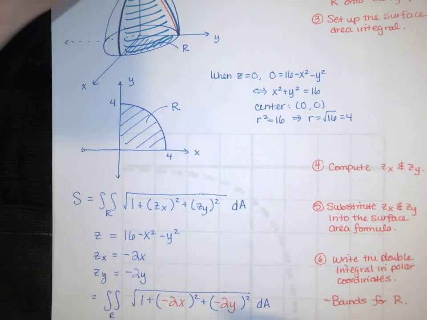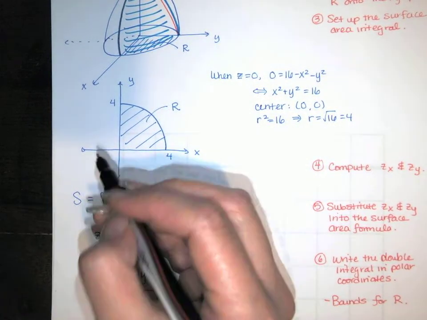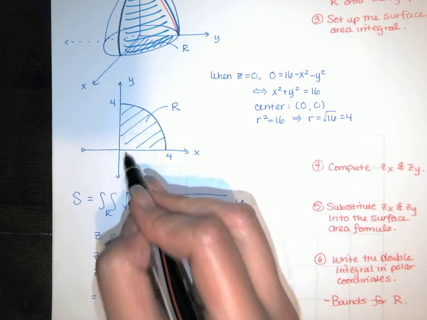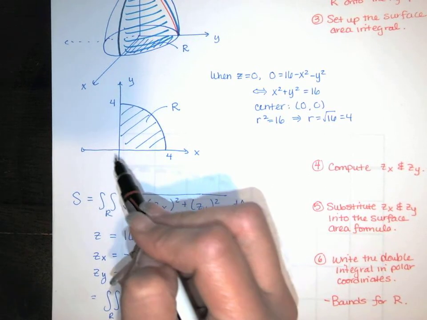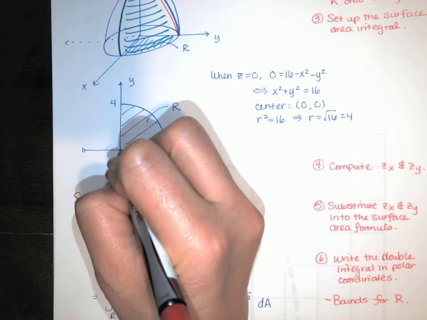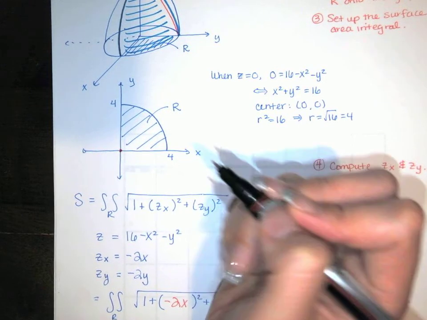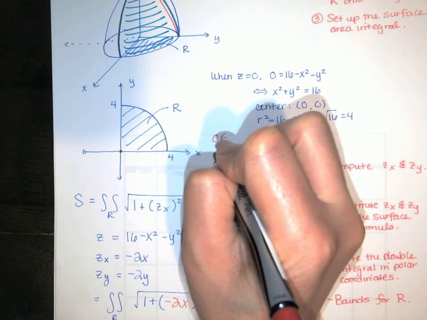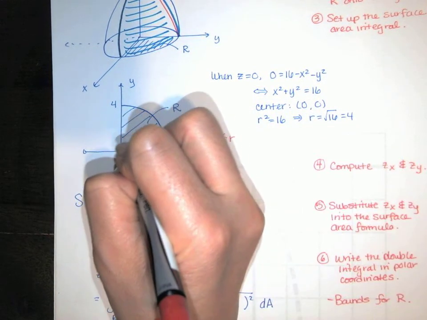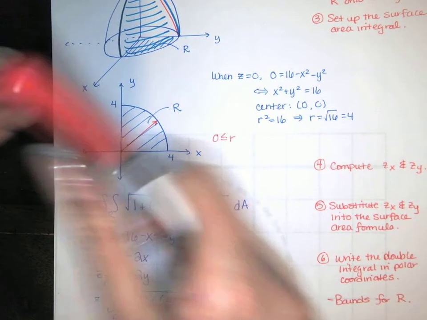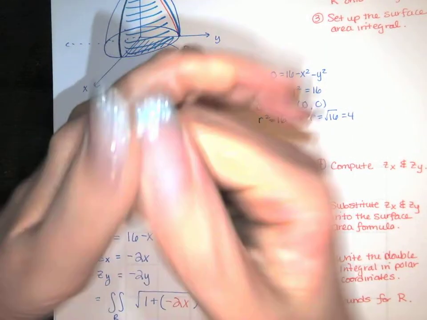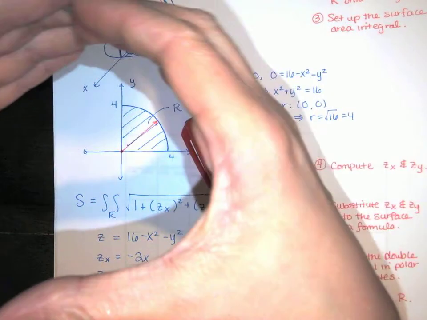Now remember, little r, that's the radius. That's a circle centered at the origin with radius little r. So if r starts at 0, that single point is given by little r equals 0. And if we go from there, r is going from 0, a circle of radius 0, out to 4, a circle of radius 4.